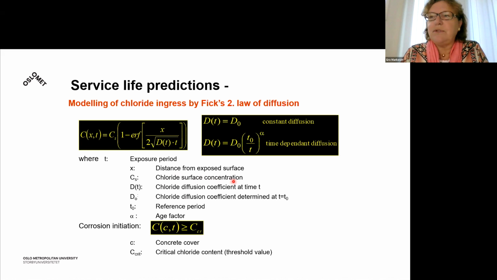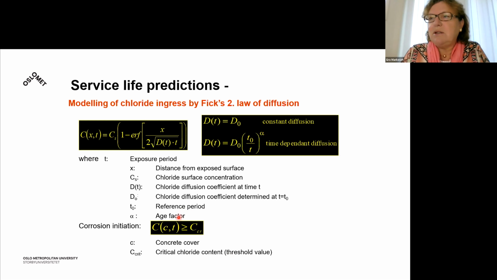We need the diffusion coefficients, where we know the normal values for different kinds of concrete types. And we need, of course, a reference period, which is 50 years if typical for a quay structure, or 100 years, or 110, or whatever, 300 if it's needed for bridge structures. And this aging factor, because this chloride diffusion coefficient is time dependent.